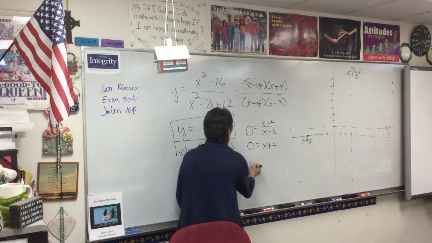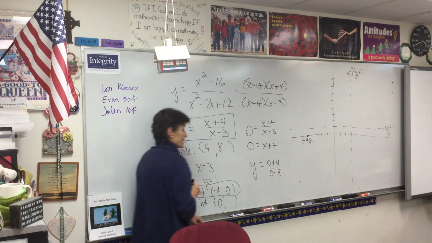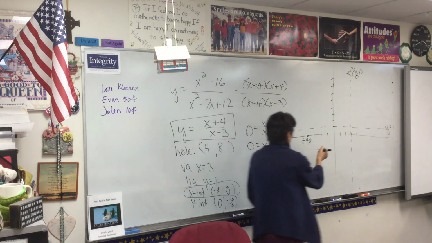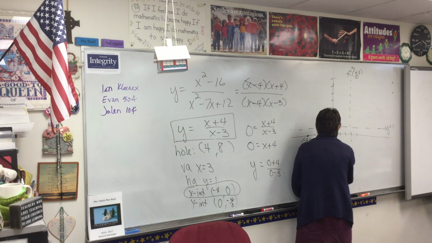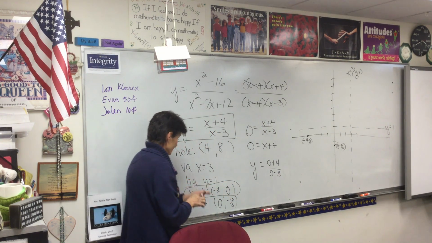Back to my equation. 0 in for x. And I get negative 4/3, or negative 1 1/3. And now I have everything.